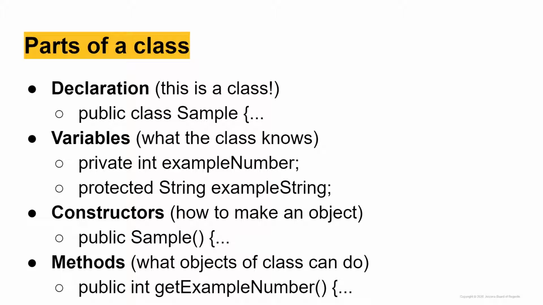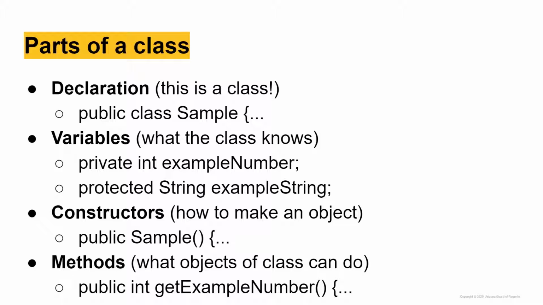And then protected, which you see down here with this example, protected String exampleString. This means that only other classes that are children or inherit in the inheritance structure of the current class that we're talking about, any class derived from it, can access and change those variables that are protected, but other classes that are unrelated to the class, even if they're within the same program, will not be able to access and edit protected variables.